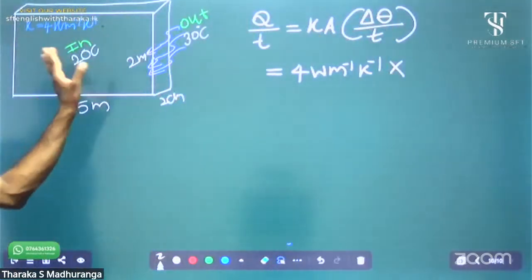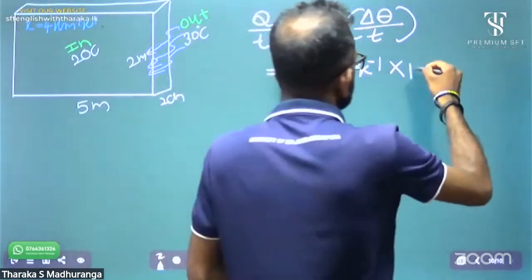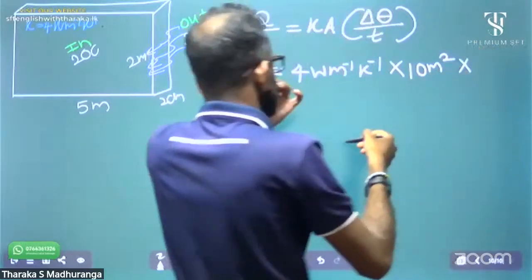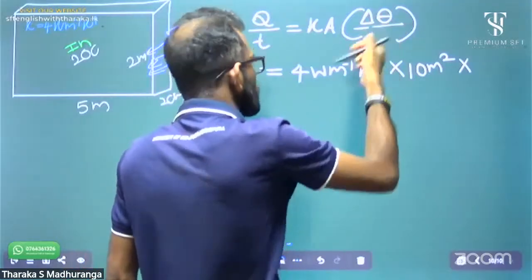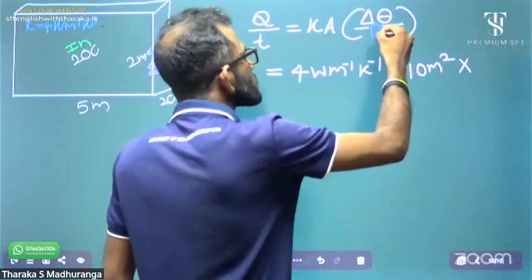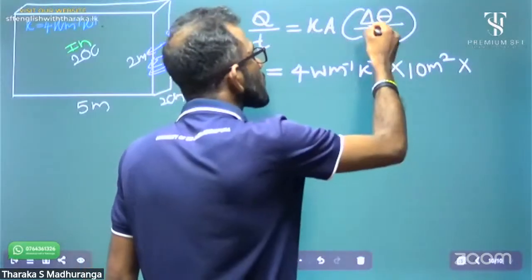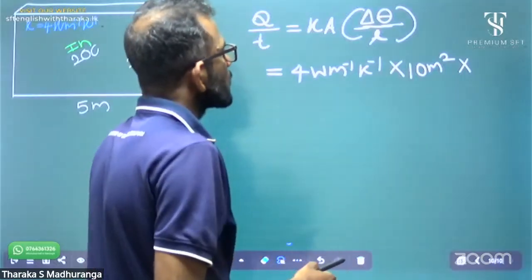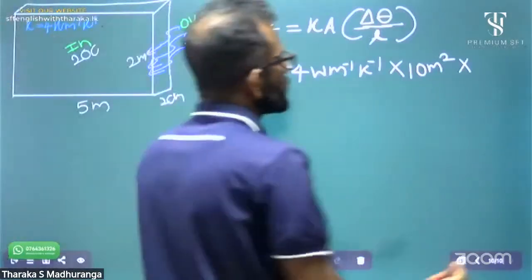This is a cross section, right? 5 into 2, it is 10 square meter. What's the temperature difference? 30 minus 20, 10.